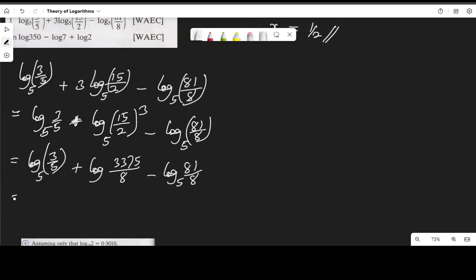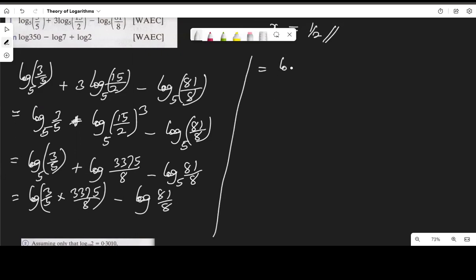So I have log 3 over 5 multiplied by 3375 over 8 and minus log 81 over 8, which will be log 3 over 5 multiplied by 3375 over 8, then the whole of this divided by 81 over 8.